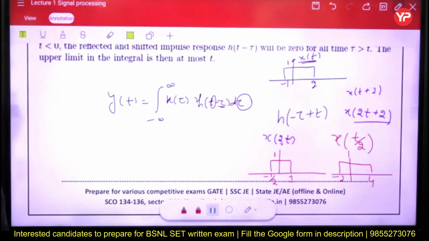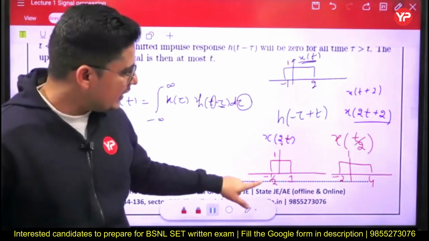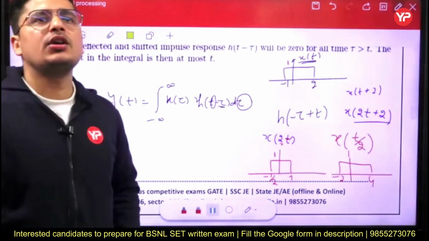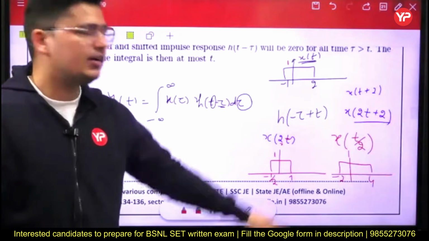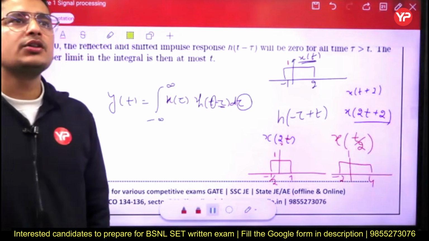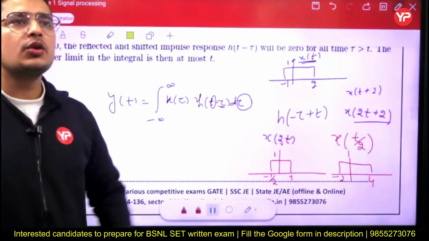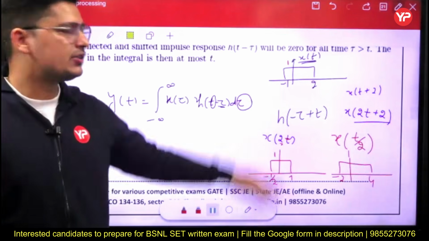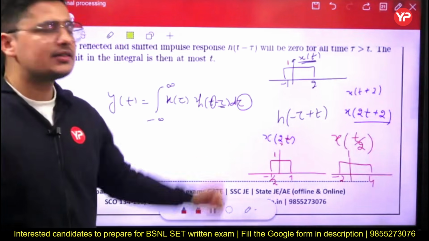The original signal is lying between minus 1 to 2, and for x(2t) it goes from minus 1 by 2 to 1. The width was 3, and now its width is 1.5. So the width is reduced to half of the previous width. Area will definitely change here; it will not remain the same. Understood? That's why it is called compression.